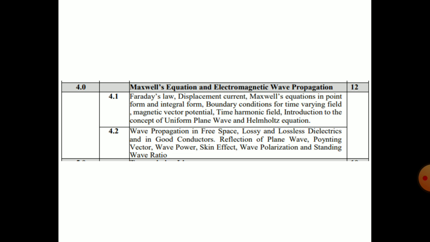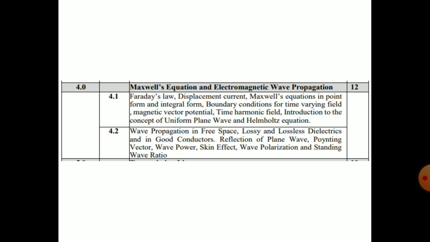The 4.2 part is wave propagation in free space and lossless dielectrics, and in a good conductor, reflection of plane waves, Poynting vector, wave power, skin effect, wave polarization, and standing wave ratio. All these parts you should cover in this chapter.